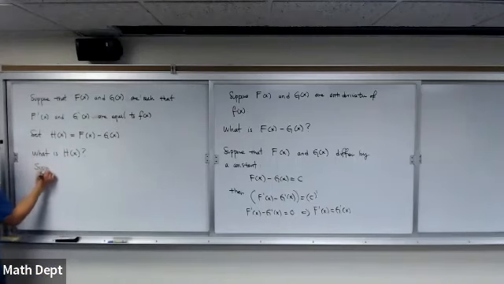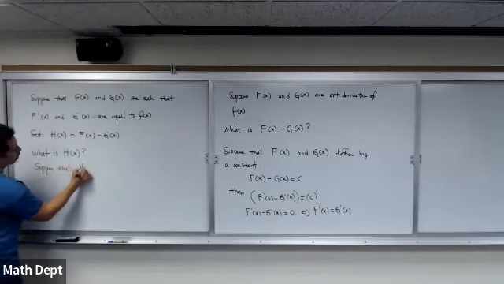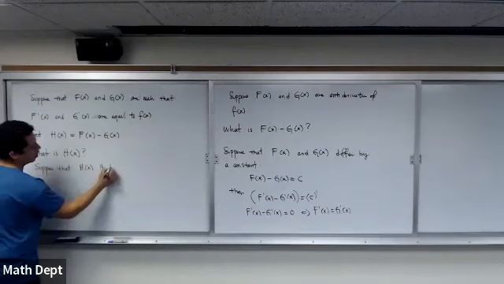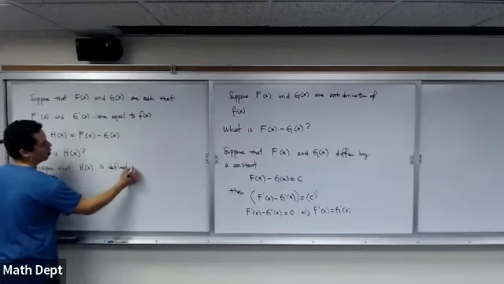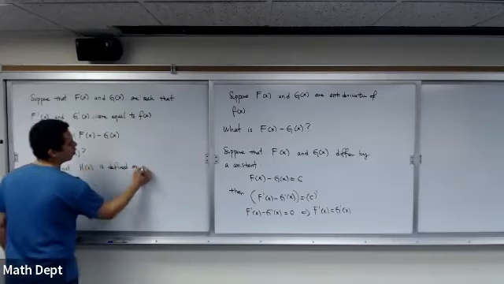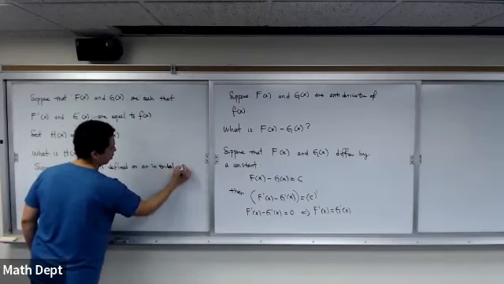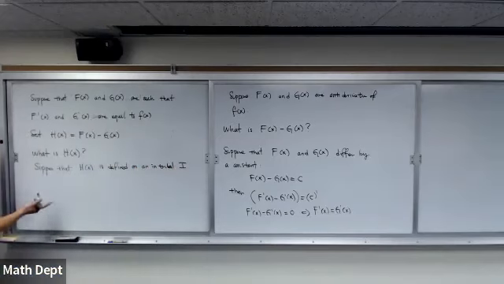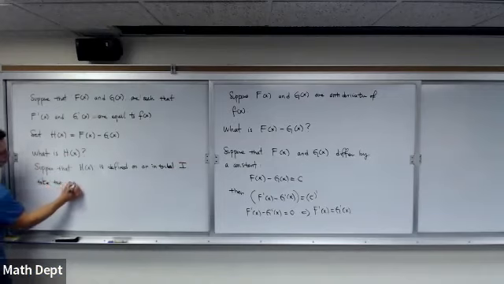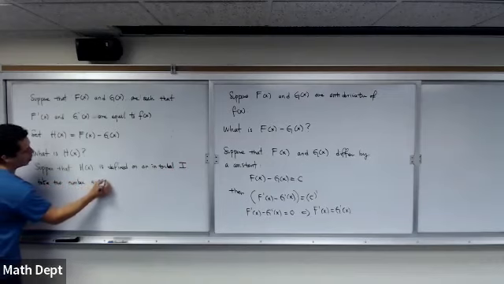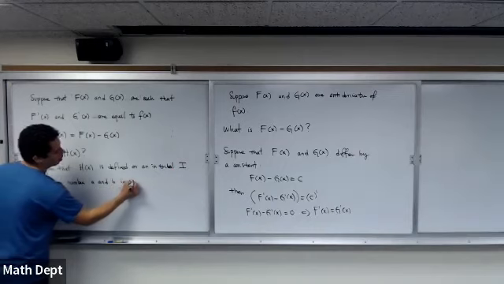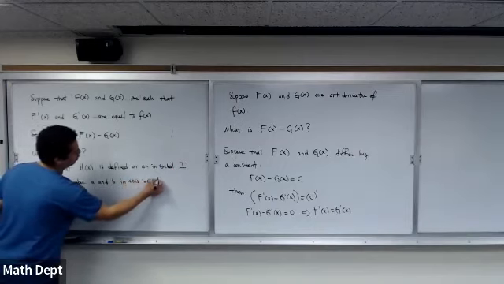Suppose that h of x is defined on an interval, an interval I. And then from that one, well, what I'm going to do is make a restriction and further suppose and take two numbers, A and B, in this interval here.